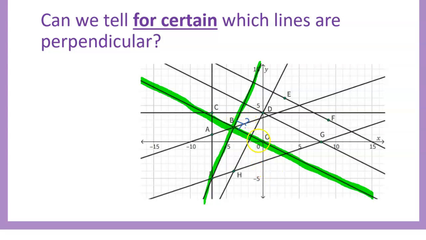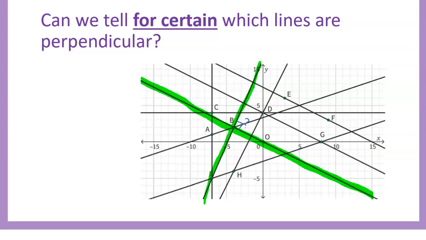Question mark though. Do we know for certain that it is perpendicular just because it looks perpendicular? How would you feel if the person framing your house was like, it looks perpendicular, it's probably 90 degrees, it's probably fine. It would be best to know for certain to demonstrate that it's actually 90 degrees.